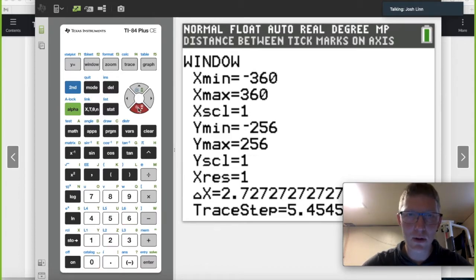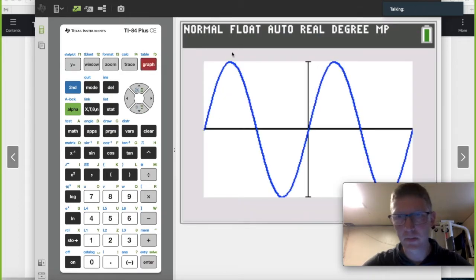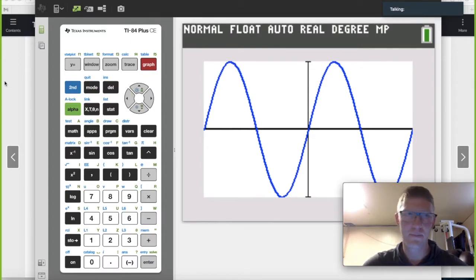And remember your y minimum. Your trig functions go from -1 to 1. So here is your sine wave. Notice that it does go through the origin, and that's probably going to come in handy later on. Good way to check yourself. Just make sure, whether you're in degrees or radians, you do it right.